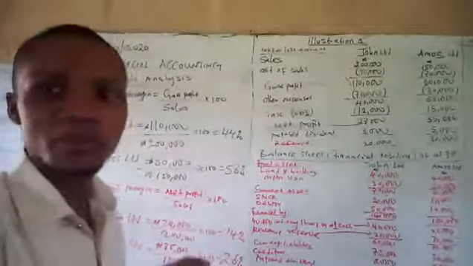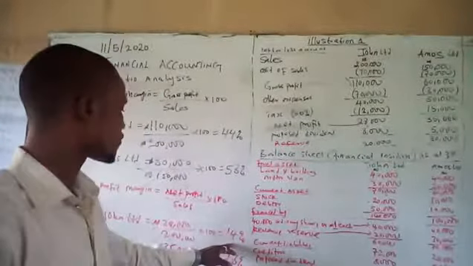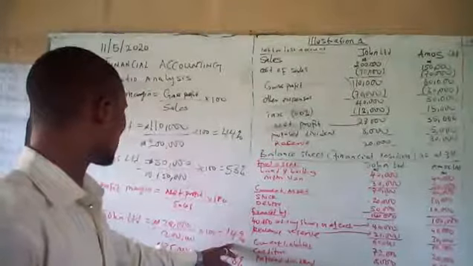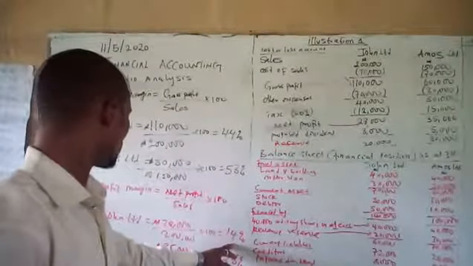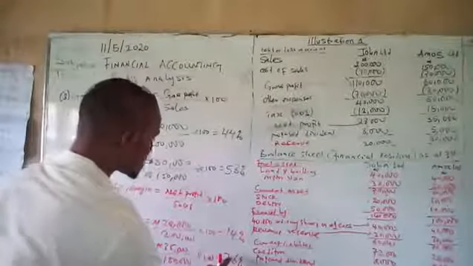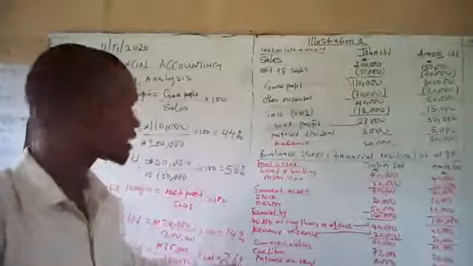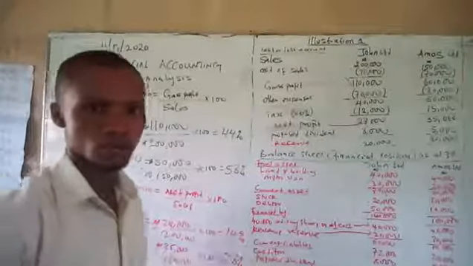The net profit margin of Amos is 23%, while that of John is 14%. So we can say the net profit margin of Amos is still better than that of John.